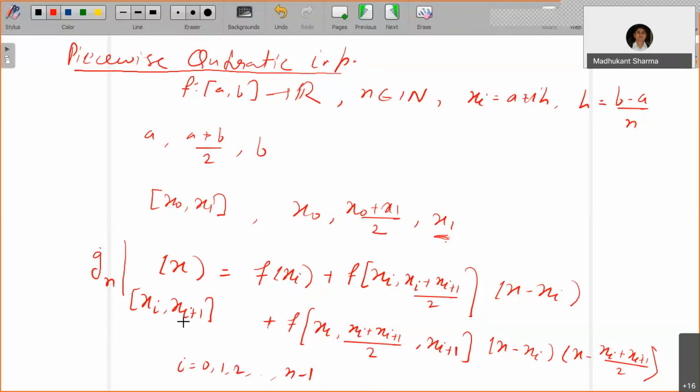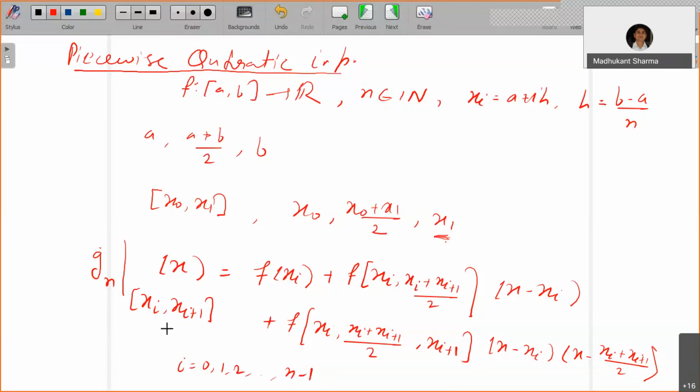Since x_i to x_(i+1) are the interpolation points and you are joining the polynomials at the points themselves, continuity remains preserved. Differentiability is also there, because it is a polynomial, so it is differentiable.